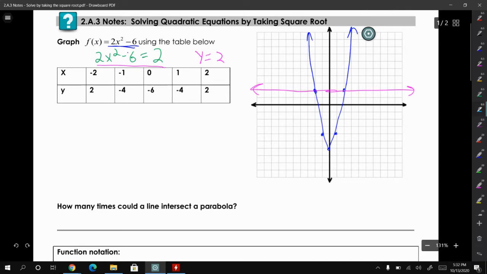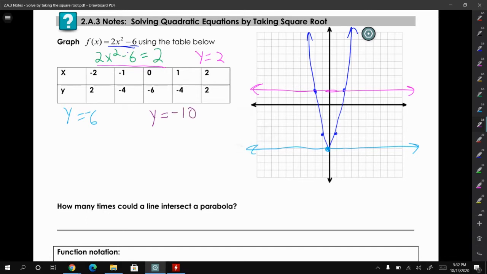Well, what about if I said y equals negative 6? Negative 6 is down here on the y-axis, and we only intersect one time. What if I said y equals negative 10?